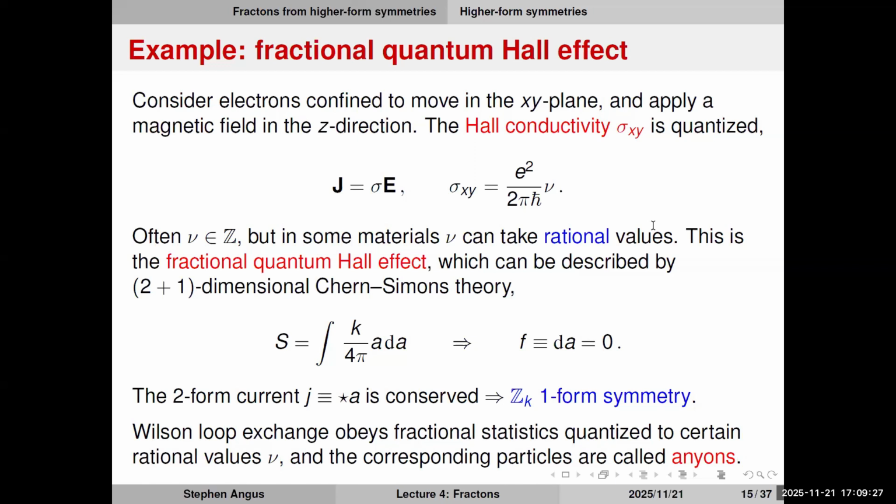What is the Z_k symmetry in this setup? Is it multiplying the base vector dynamics, or it's the residual, yeah, it's the residual gauge symmetry that you have due to this Chern-Simons quantization.